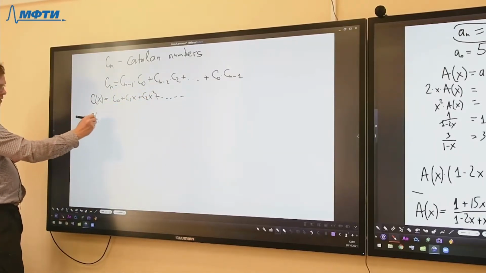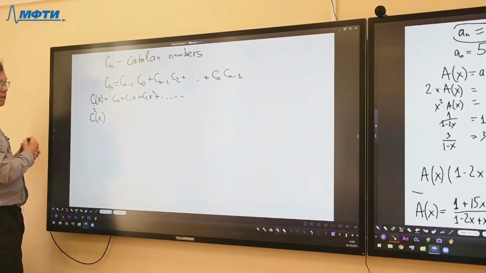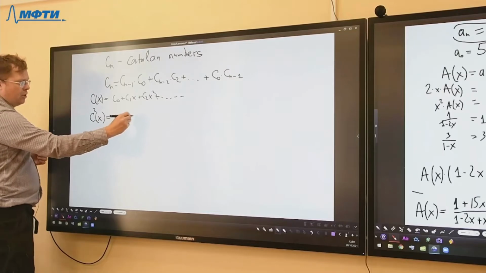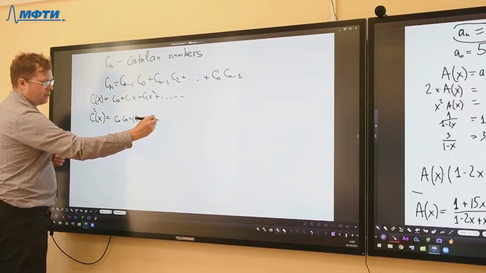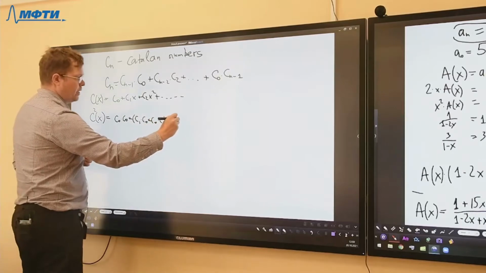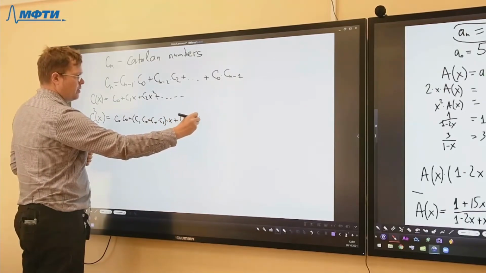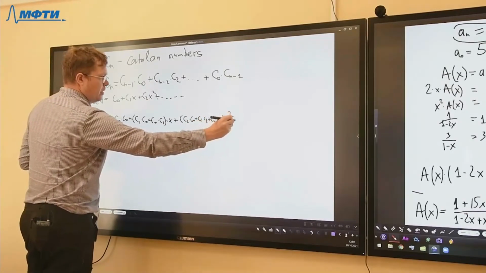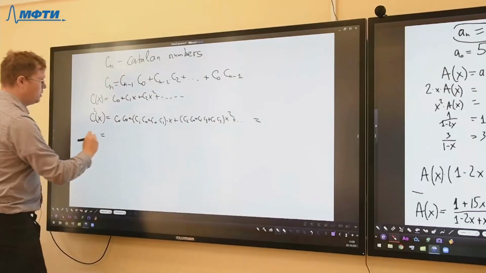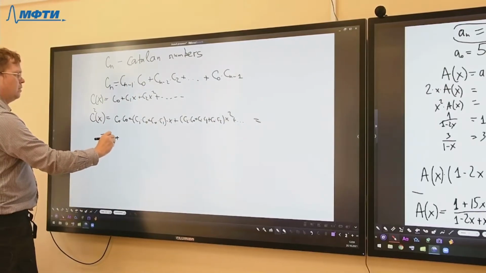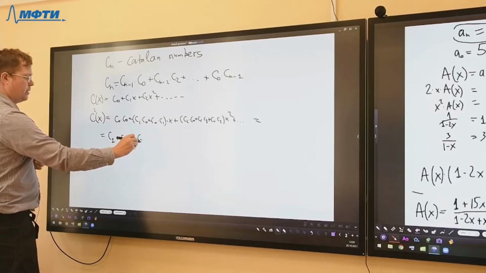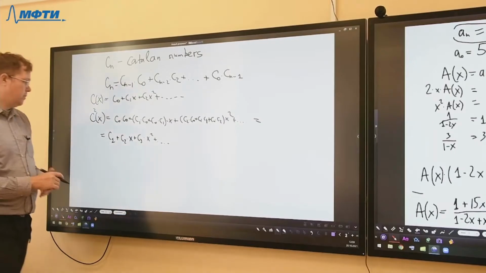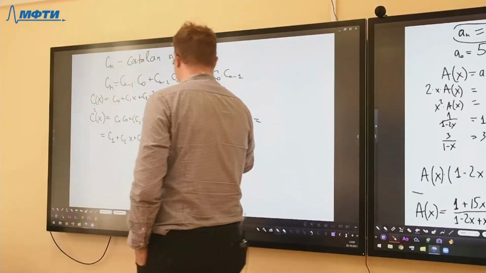So if you take C of x squared, then I will have here C0 times C0 plus C0 times C1 plus C1 times C0 times x plus C0 times C2 plus C1 times C1 plus C2 times C0 times x squared, and so on. And here is just C1 plus C2x plus C3x squared, and so on.